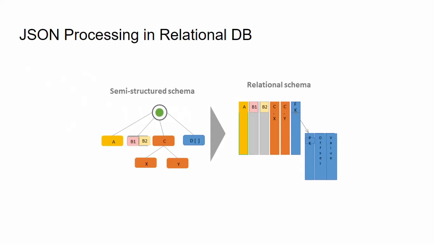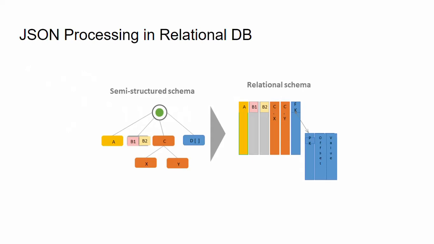Here, A, B1 and B2 are relatively stable, and usually they carry some kind of identification information. So when you convert it to a relational schema, you can use three columns: A, B1, B2. And if X and Y are also determined, if we are sure that under C there's only X and Y, we can put C.X and C.Y as separate columns.